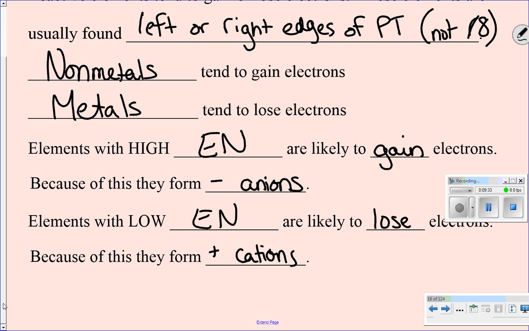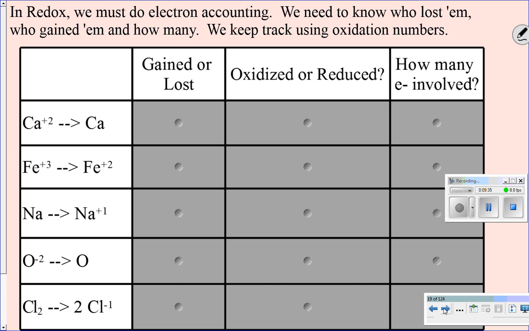One of the things we need to be able to do is a little bit of electron counting. We're going to do that in this table by looking at some simplified ionic equations. We don't really see what else is going on there, but we can look at our numbers of electrons and count them here. So we've got a calcium atom changing to a calcium ion. We don't always have to do all of these steps, but if I look at calcium on the periodic table, calcium always has 20 protons, okay?